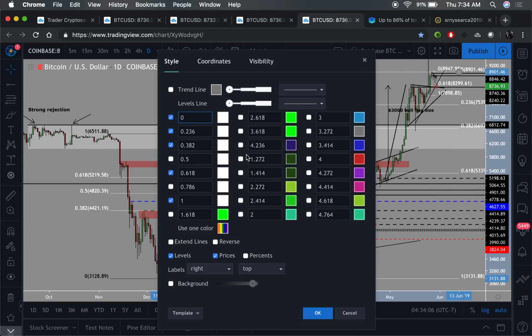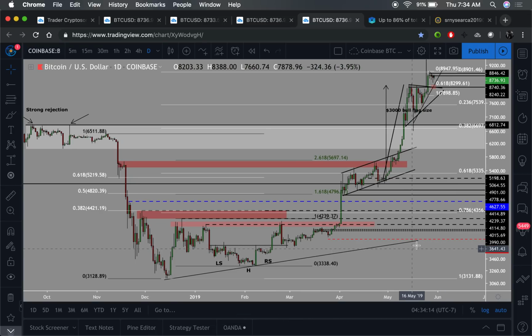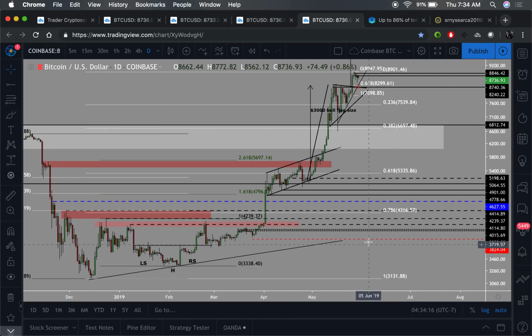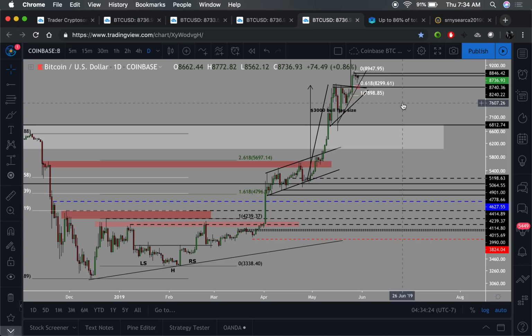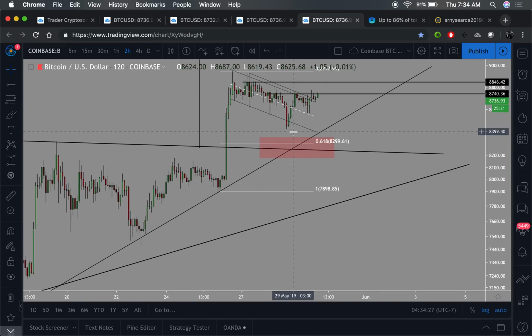Let me turn this on, the 786 Fib. The 786 Fib would be around $4,400, okay? I don't know if that's clear to read, but you can see it right there, in that area right there. All right, so just something to keep in mind. It's always better to learn from our history than to simply ignore it, right?